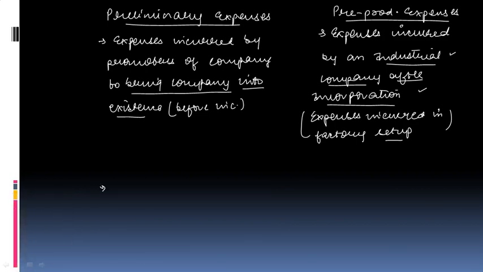Now moving on to the next part, let us discuss the rest of the things. So this was particularly the meaning and definition. After that, preliminary expenses are incurred prior to incorporation.